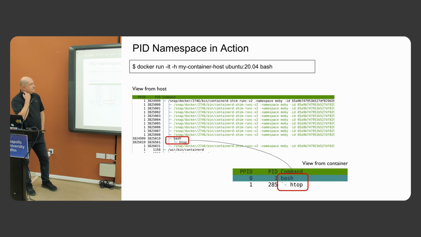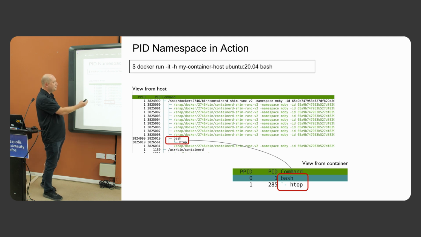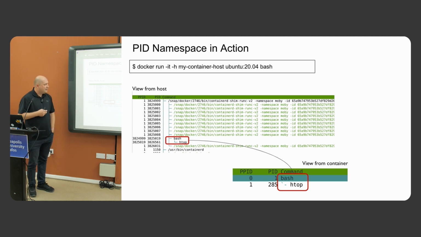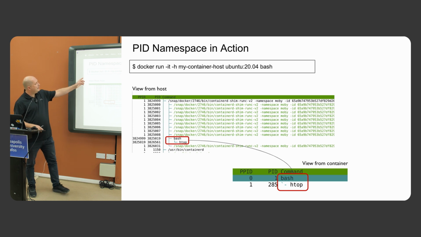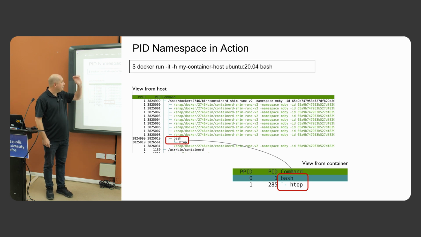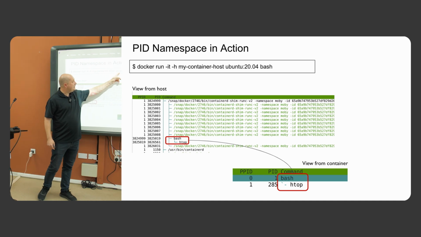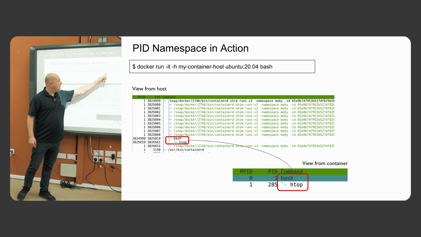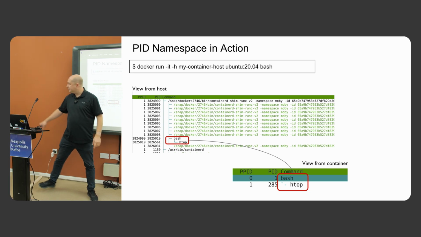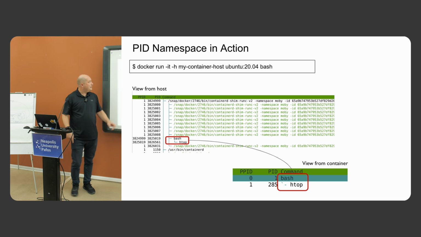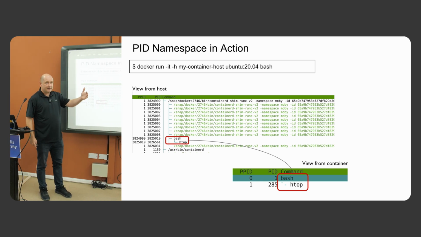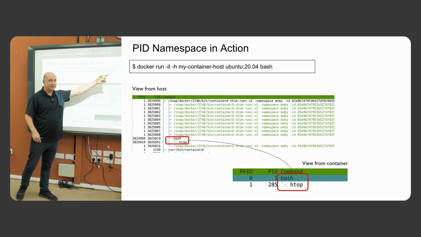And if we run something in the container, we will have a different view. This is top, right? So in my host machine, for people who are not familiar with this, this is what it does. It gets an image with this name, like here, and creates the container based on this image and runs bash inside.